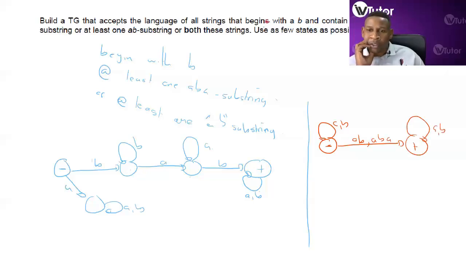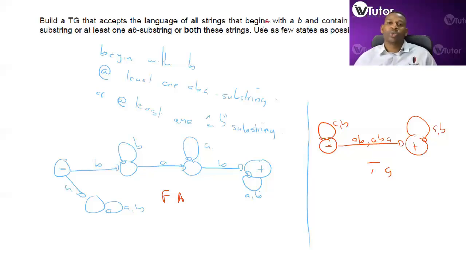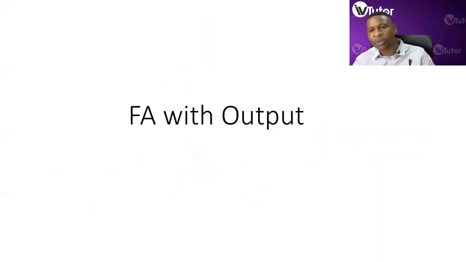That is the difference between a transition graph and a finite automata. This is fairly easy, so we're not going to dwell much on that. You can try some examples of this and then we can look at them together. Now let's move to finite automata with output.